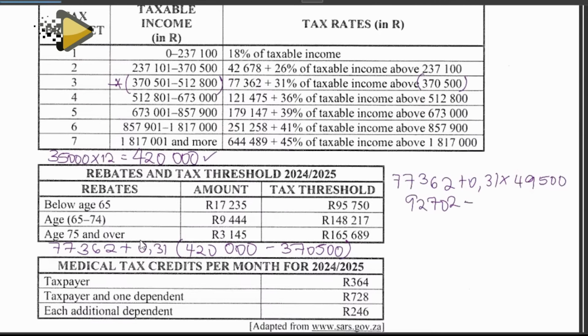So here we subtract the rebate, which is what? Let's subtract the rebate. 92702 minus 17,235. We end up having 75,400. So this we divide by 12.